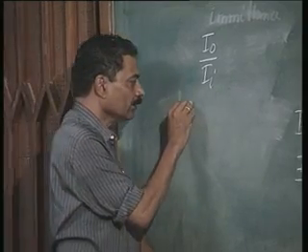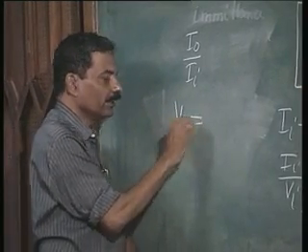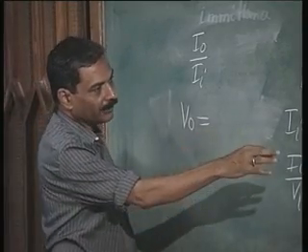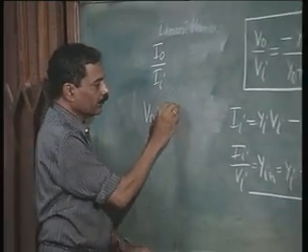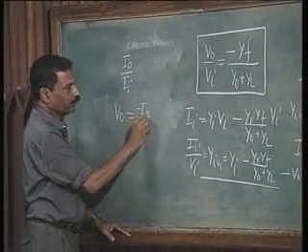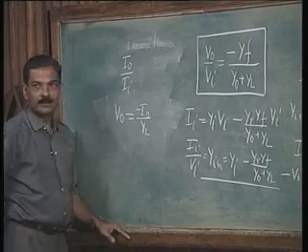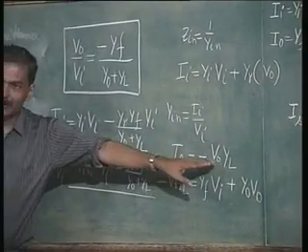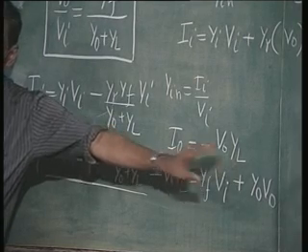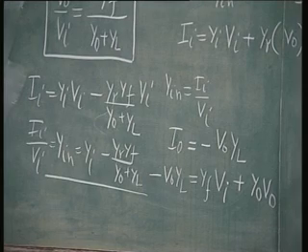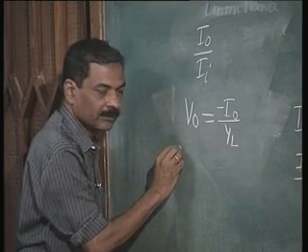So V naught is going to be equal to, in terms of I naught, minus I naught by YL. This is from this equation. V naught is already known in terms of I naught. Now another important parameter, we also know Vi in terms of Ii. What is it?